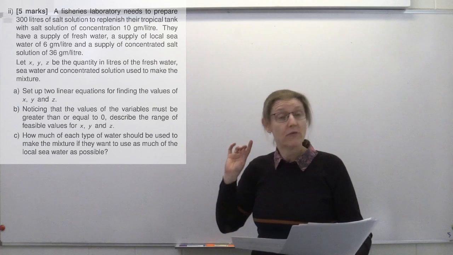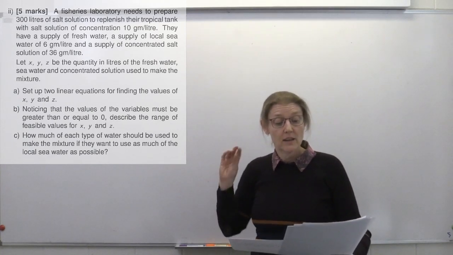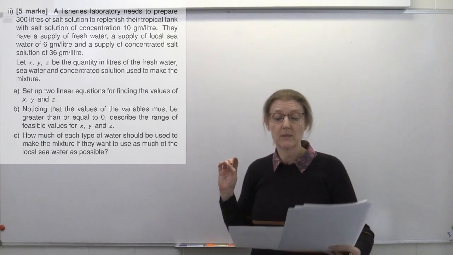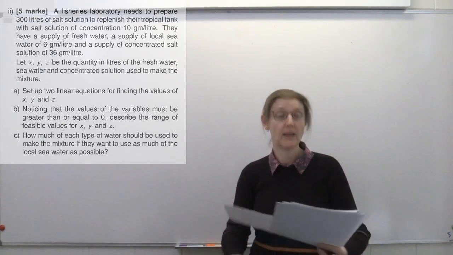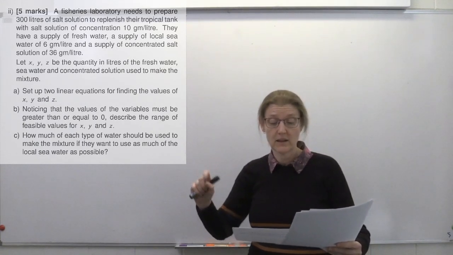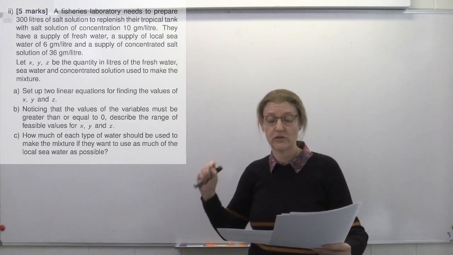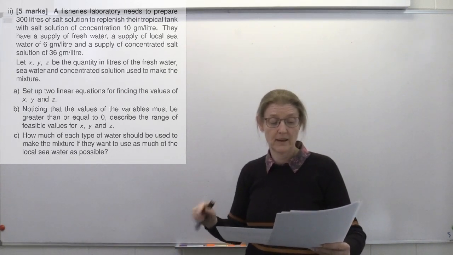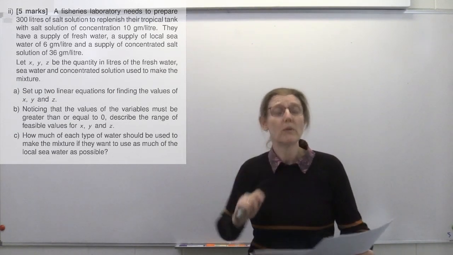They have a supply of fresh water, a supply of local seawater at 6 grams per litre and a supply of concentrated salt solution at 36 grams per litre. Let X, Y and Z be the quantity in litres of the fresh water, seawater and concentrated solution used to make the mixture. Okay, so we need to extract information, but what are we trying to do?